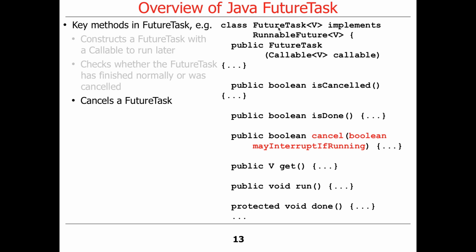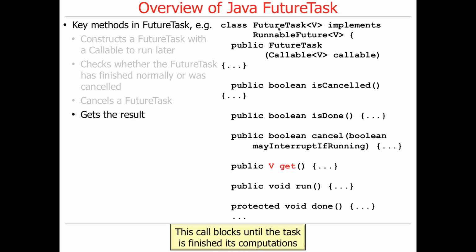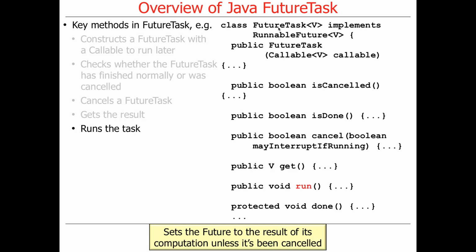You can cancel a FutureTask, which you can tell whether it should stop the Callable from running if it's running. You can get the result. This particular call will block until the task is finished running. There's also a timed version. It'll bound the amount of time it'll wait before it gives up.